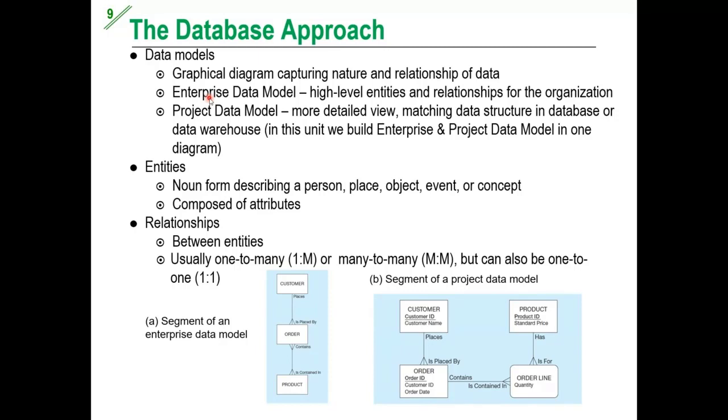That is what we mean by the enterprise data model: a high-level, bird's-eye view of the data you are going to use, the objects you are going to use, and the relationships associated with these objects.